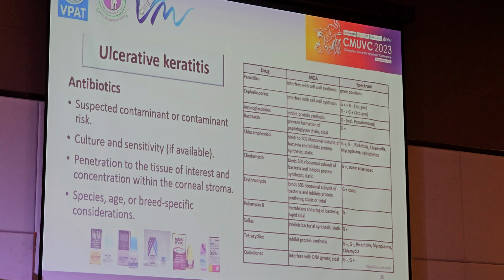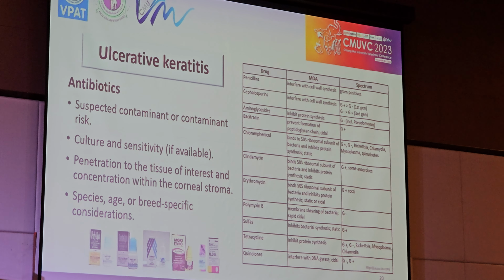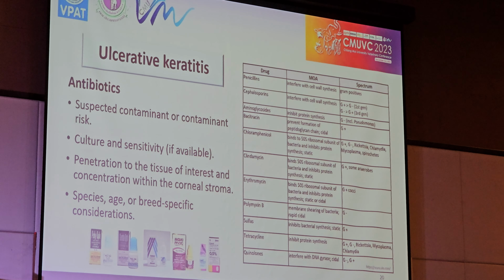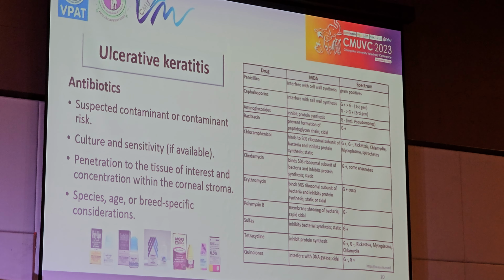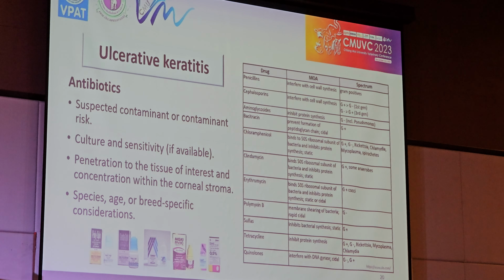The considerations for the antibiotic of choice are the suspected contaminant or contaminant risk, the culture and sensitivity results if available, the ability of the drug to penetrate the tissue of interest, and drug concentration within the corneal stroma. And the last is species, age, or breed-specific consideration, which I will discuss later.